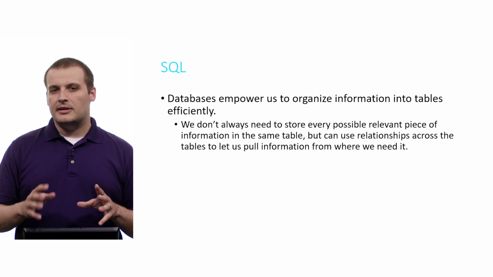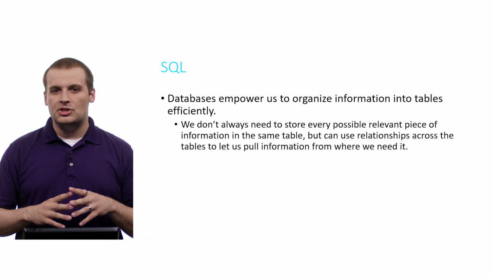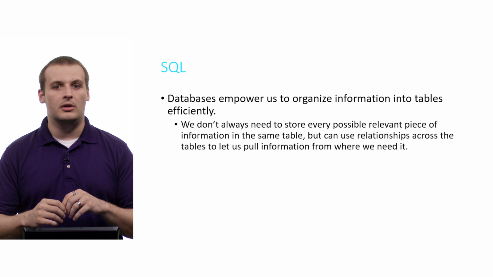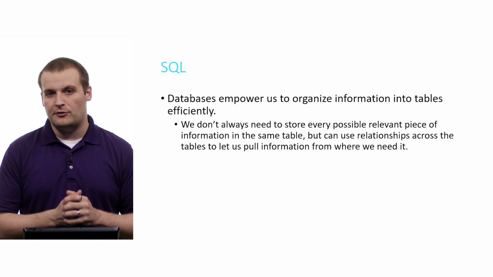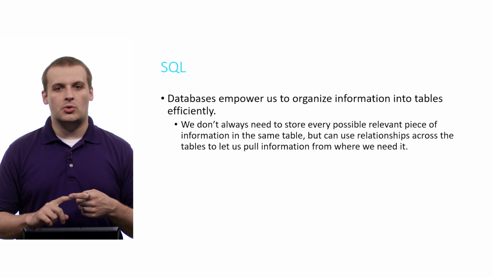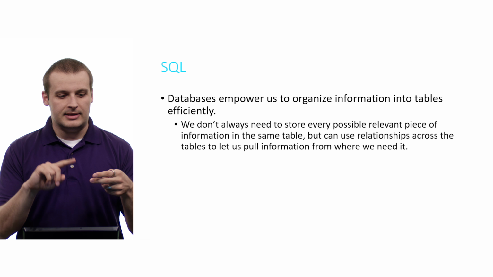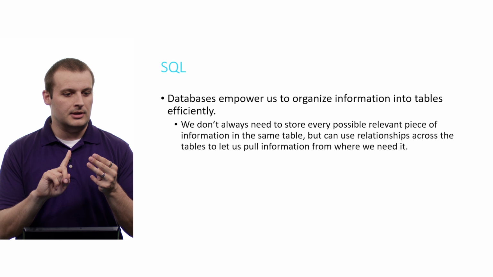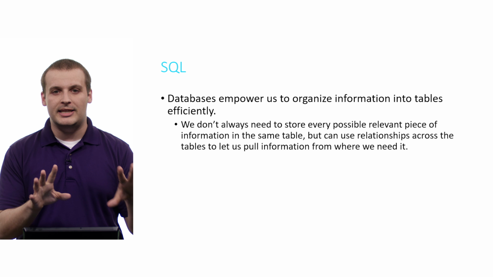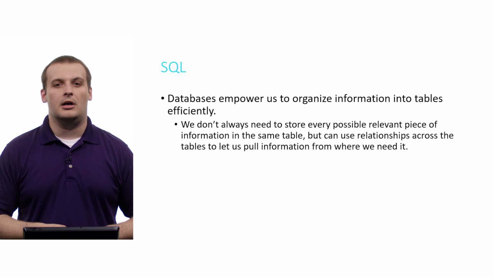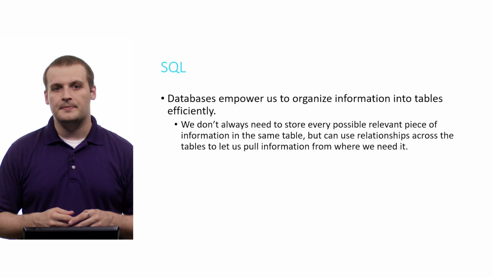So here's the thing that's cool about databases, though. We don't have to just have 2 tables. And in particular, we don't have to have just one table that stores every relevant piece of information about a user. If we wanted to store, in addition to what we have there, information like their address and their date of birth and their social security number or whatever else we wanted to keep about them, this table could get bigger and bigger and bigger to the point where it becomes almost annoying to have to use it.